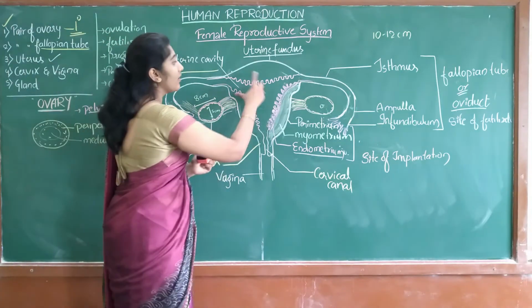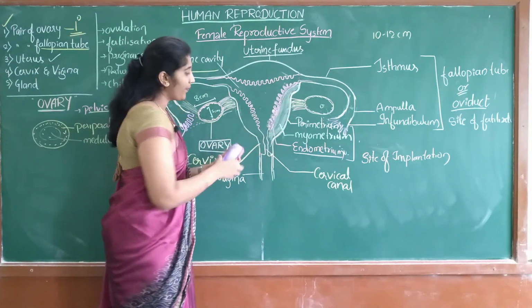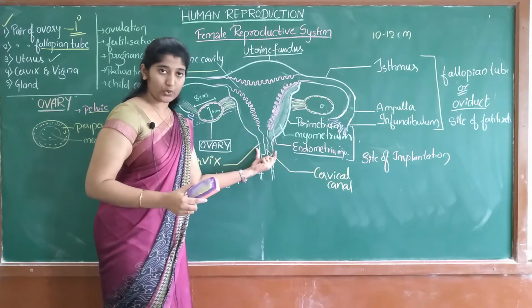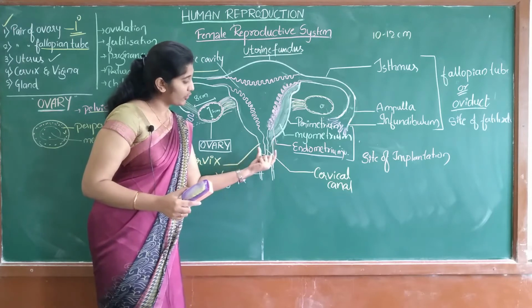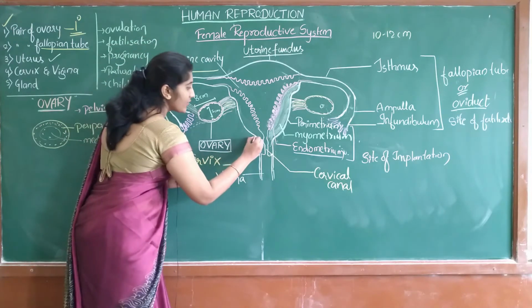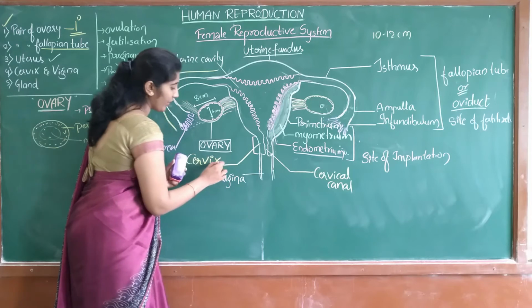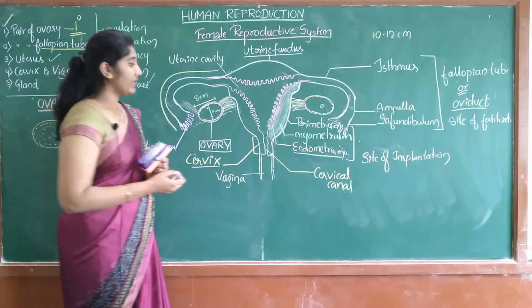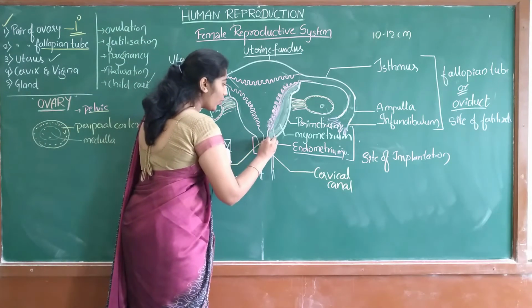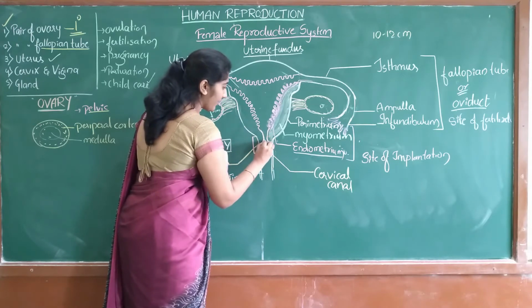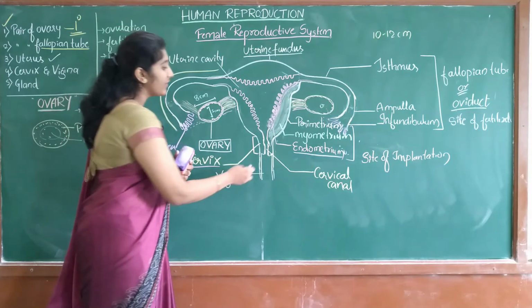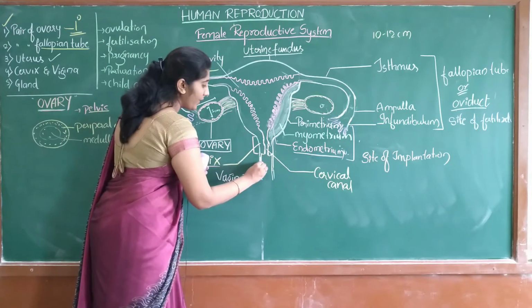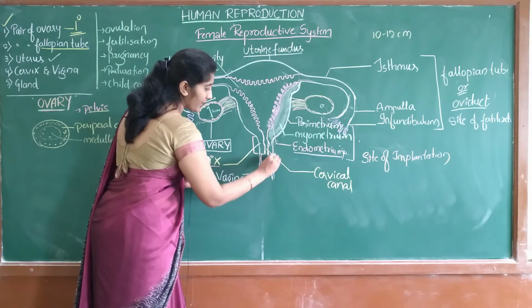Now this uterus is going to narrow in the lower portion, and this thick muscular tube is called the cervix. So this portion is the cervix. The narrow canal of the cervix is called the cervical canal, and this is going to open in the vagina.